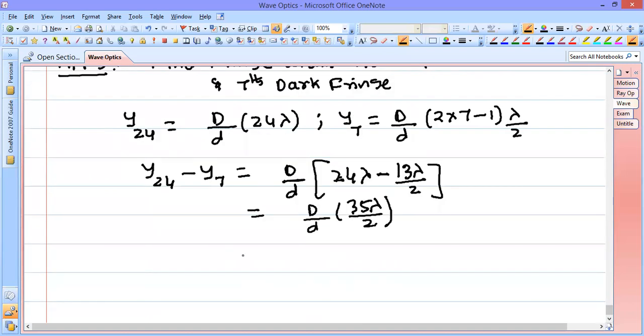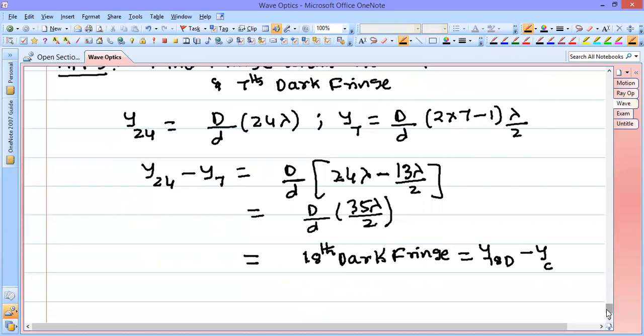That is, I can say it is the 18th dark fringe, since 2 into 18, 36, minus 1 is 35. That is from the 18th dark fringe, Y18 dark, minus the center.